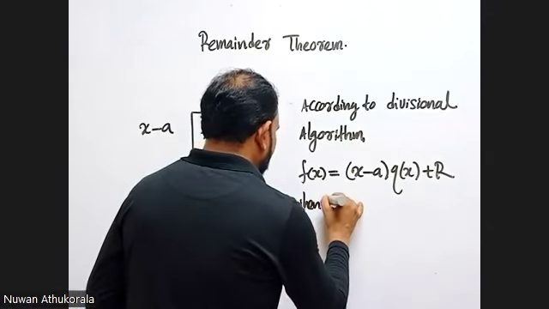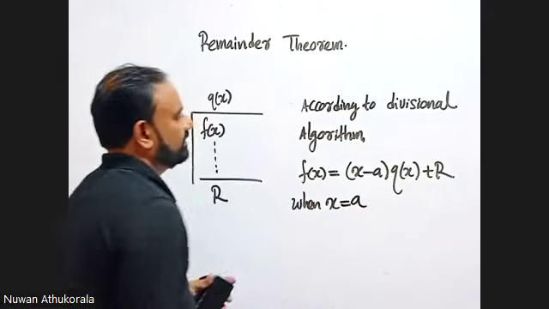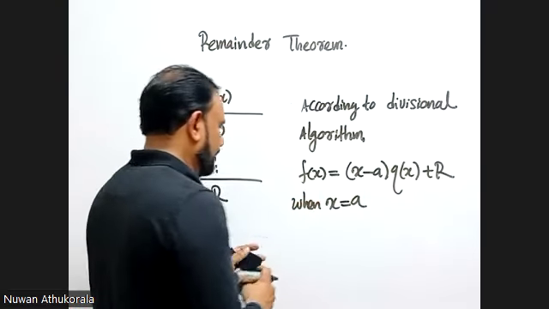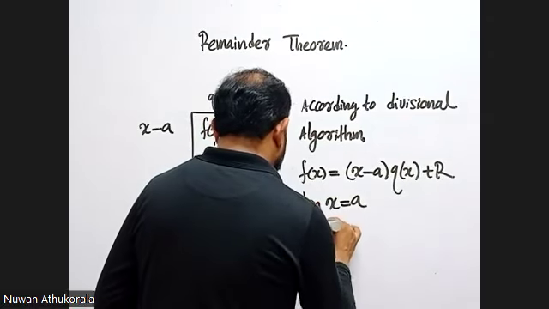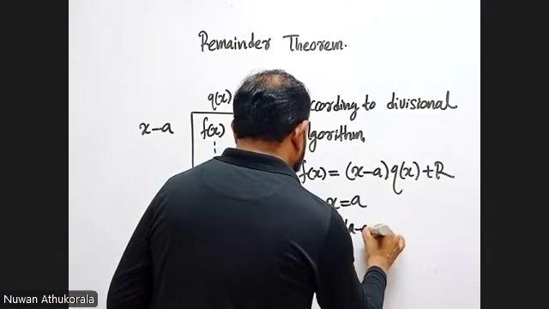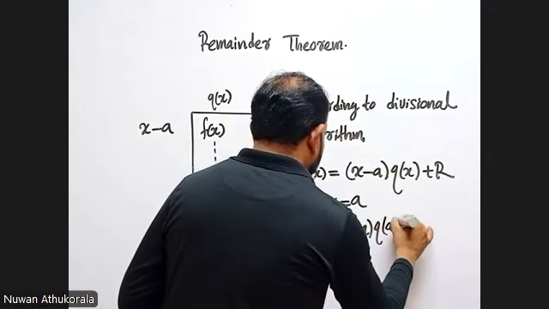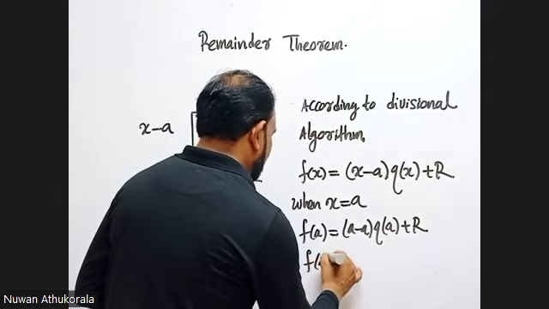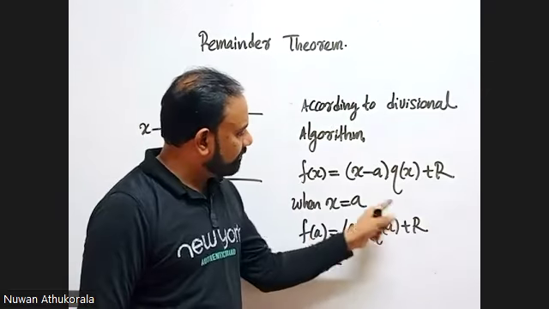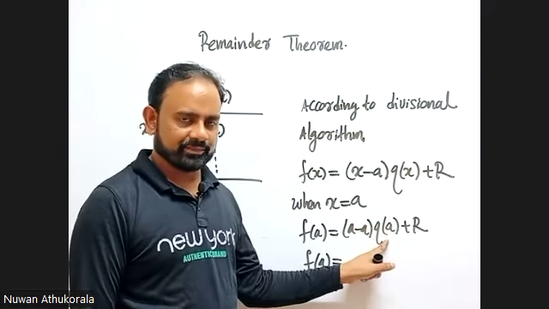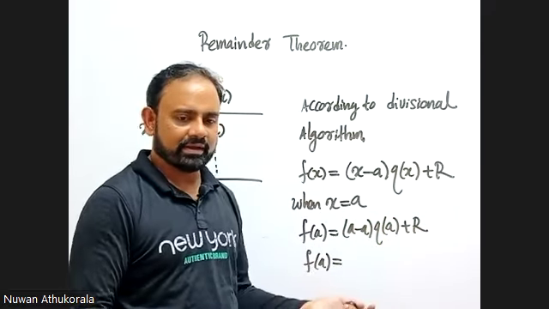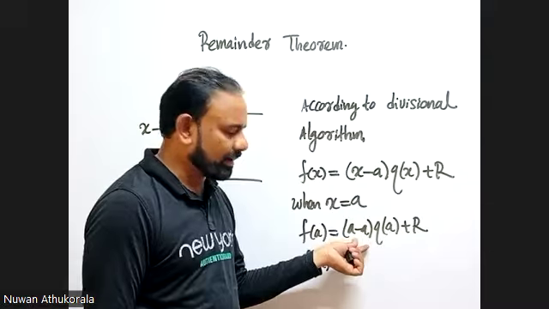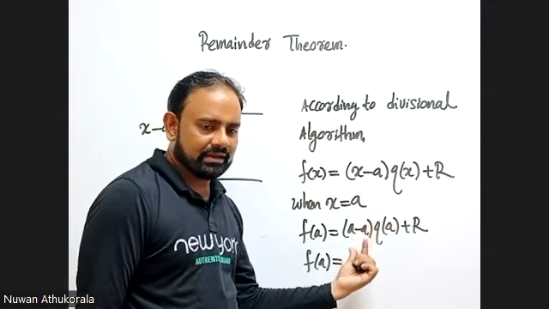Substitute x equals a. Now f(x) becomes f(a). f(a) equals (a minus a) times q(a) plus capital R. We don't know the value of q(a), but a minus a is 0. 0 multiplied by q(a) is equal to 0.